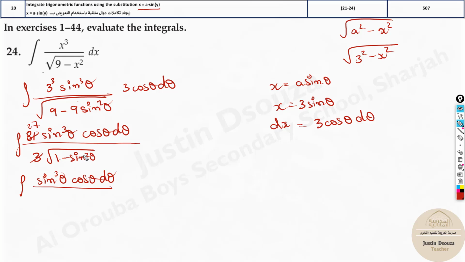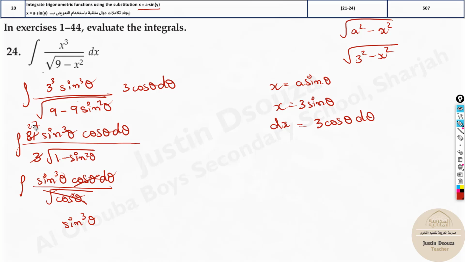This one will be cos square theta, the square root of cos square theta, and this will be cos theta itself. Why? Because square root and square cancel, it's going to be cos. So I'll just cancel this entirely. The square root and square cancel, you're remaining with cos theta. This is gone. This cancels off, and then what are we remaining with? It's only sine cube theta.